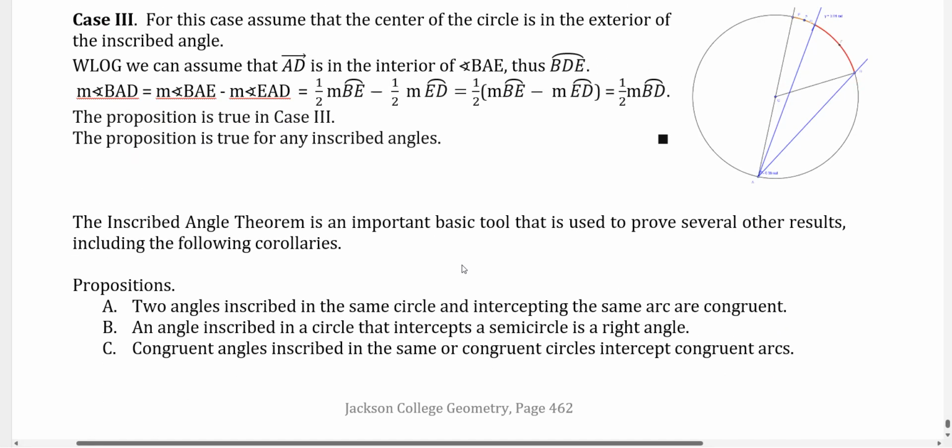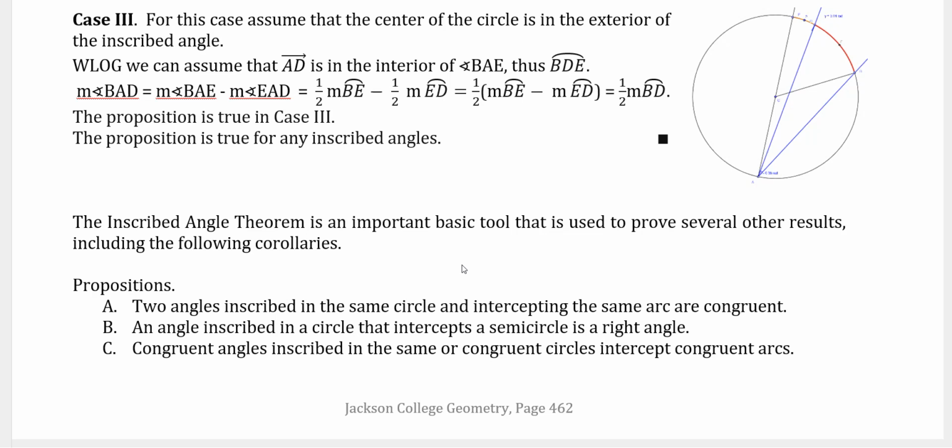The inscribed angle theorem is an important basic tool that we can use to prove several other results, including a couple of corollaries here. We've already looked at this first one. Two angles inscribed in the same circle and intercepting the same arc have to be congruent. An angle inscribed in a circle that intercepts a semicircle is a right angle because the intercepted arc has a measure of pi radians or 180 degrees.